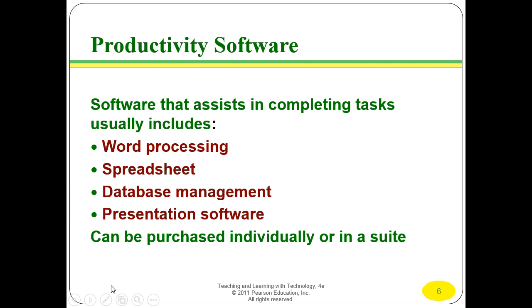We can purchase these components, these applications, either individually or in a suite. And that's how most software comes bundled today, in a suite. Now, you can go to Home Depot, Office Depot, Office Max, or Best Buy, and you can purchase Word, Excel, or Outlook individually and pay for it like that.